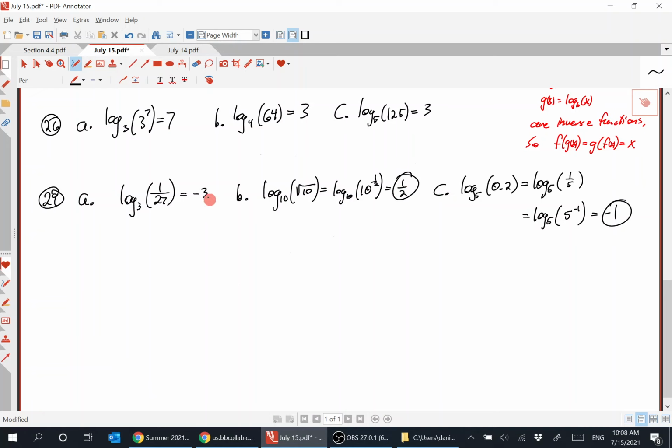Let's try another one of those. So 30, it's kind of similar to that. Actually, there isn't another one like that. Oh, I guess 33 is kind of like that. Log base 8 of 0.25. Is that a typo?